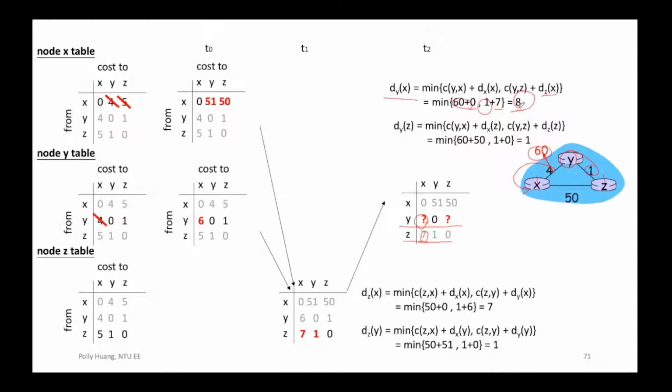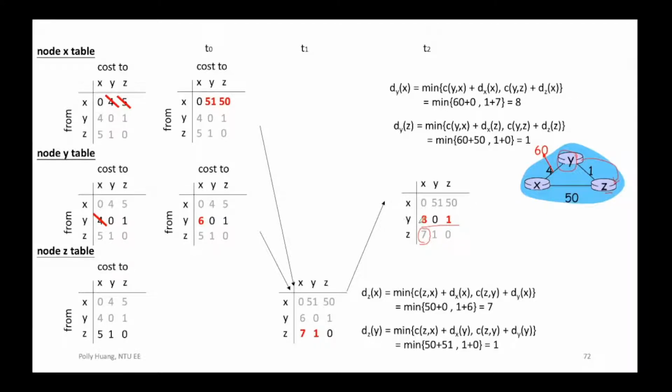What does that mean? Although we update the table for y so that it's 8, 0, 1, y here actually believes firmly z is the best neighbor to forward the packet because z knows a way which takes only 7 to go to x. And this is going to go on.